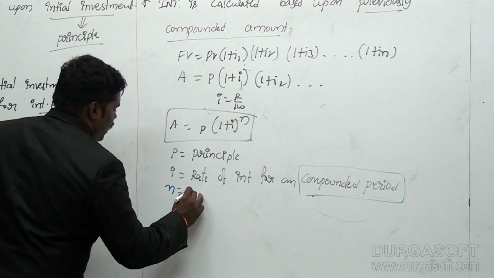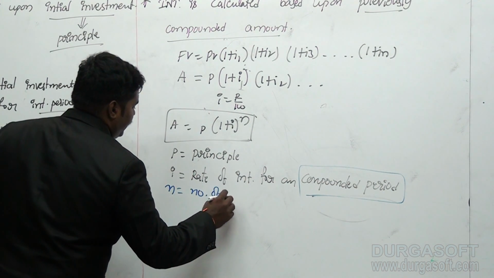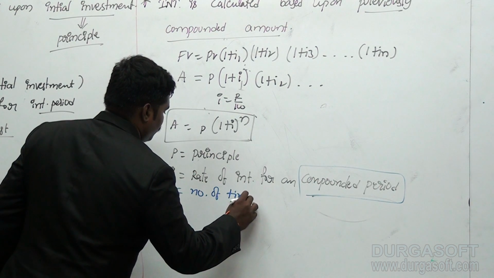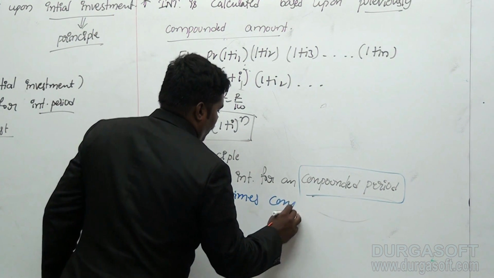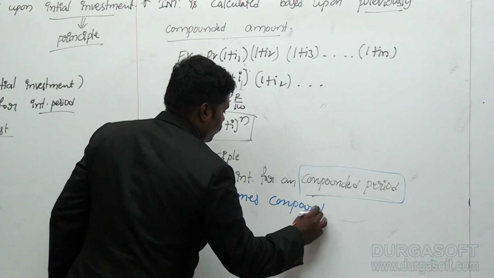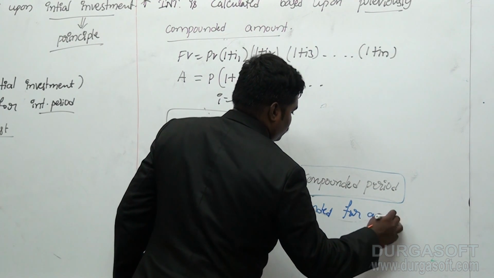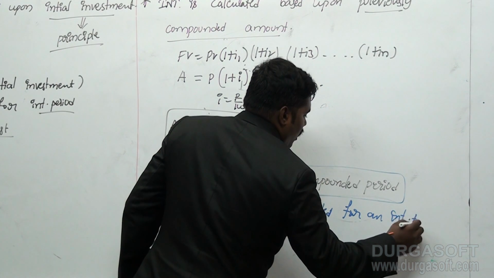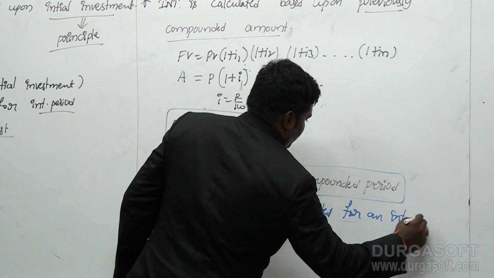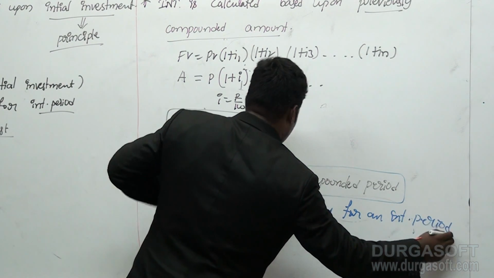Now N means the number of times compounded for an interest period. This terminology is very, very important, mark it.